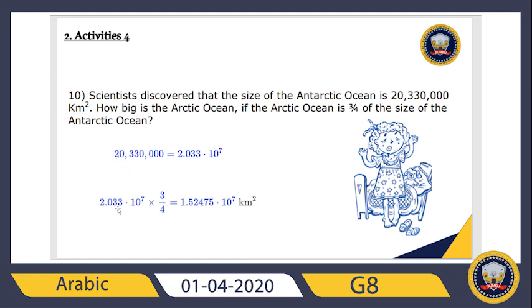Now, I will take this number multiplied by 3/4. So I will keep 10 to the power of 7 and I will multiply 2.033 by 3 and divide it by 4, which is 1.52475. So the final answer is 1.52475 times 10 to the power of 7 kilometers squared. So the Arctic Ocean has this area.